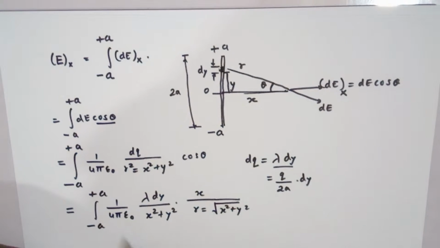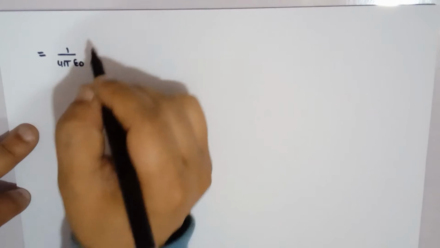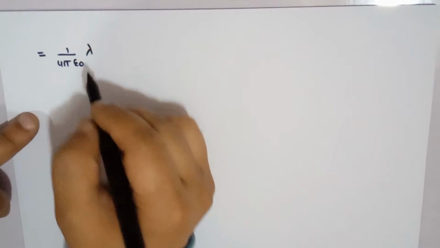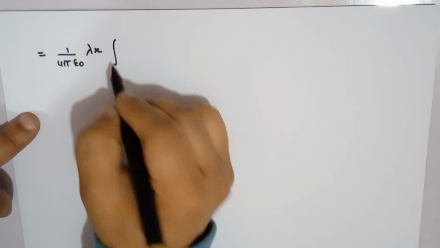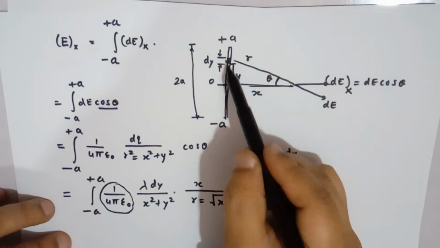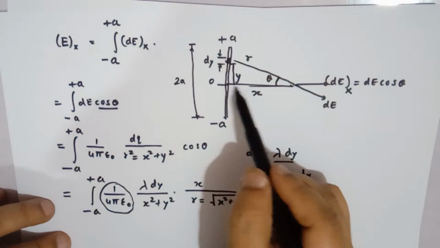So you can take constant terms out of that integration sign. One constant term is 1 upon 4 pi epsilon naught, then lambda. These are the terms you can take out, and x you can also take out, because when you vary the length dy from minus a to plus a, only y would change but x remains constant.